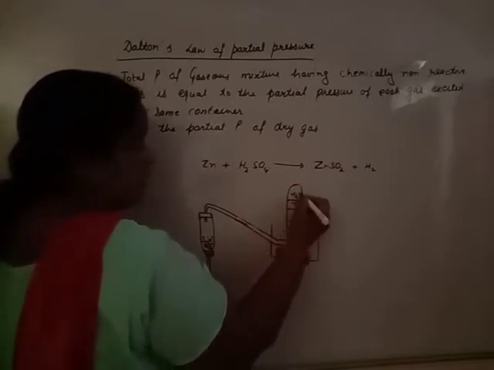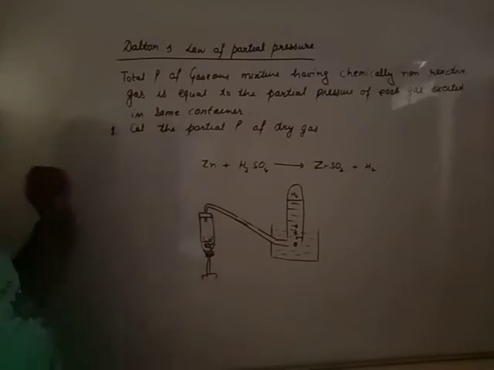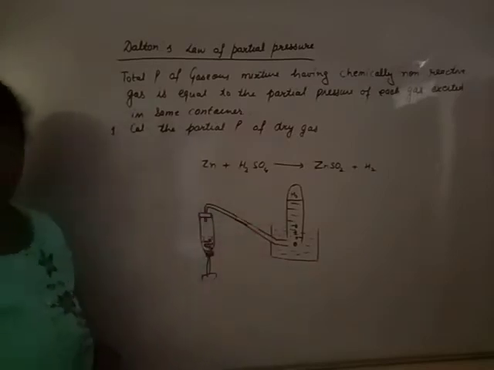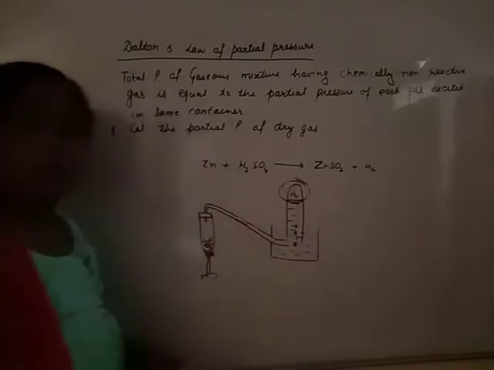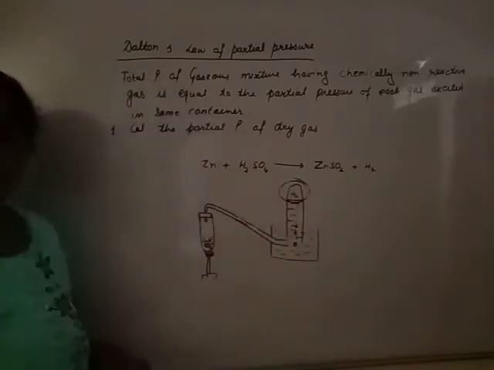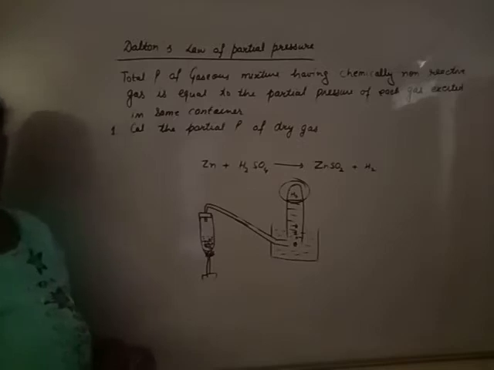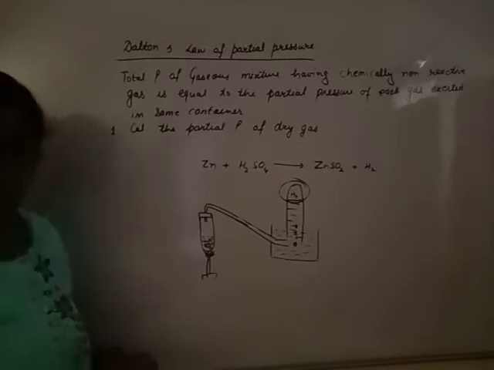Here we collect hydrogen gas, but water also has some vapors. That means the gas obtained here is not pure, it is mixed with water vapors. These water vapors also exert some pressure.